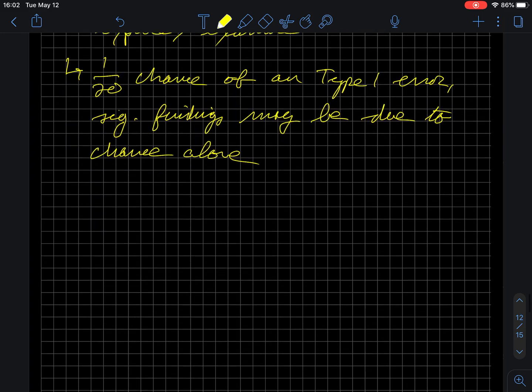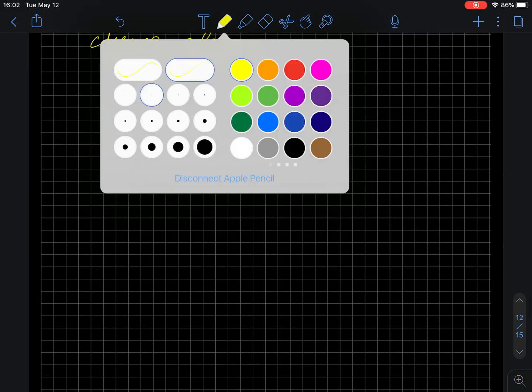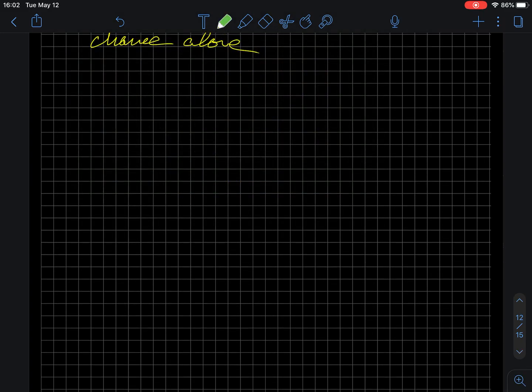I guess we'll do one more on the notes because it's kind of short too. Something to keep in mind is that there's also something called power, and this refers to the risk of a type 2 error. So this is more about false negatives.